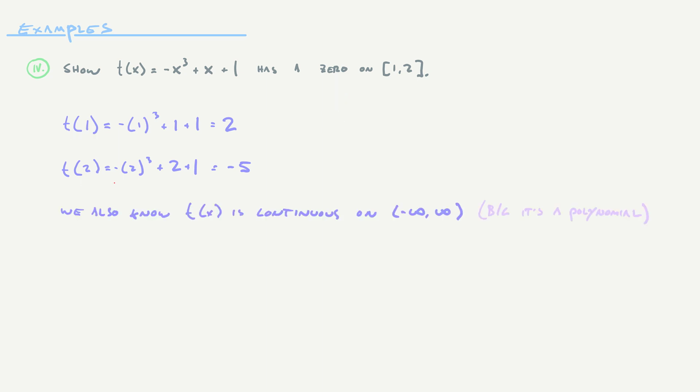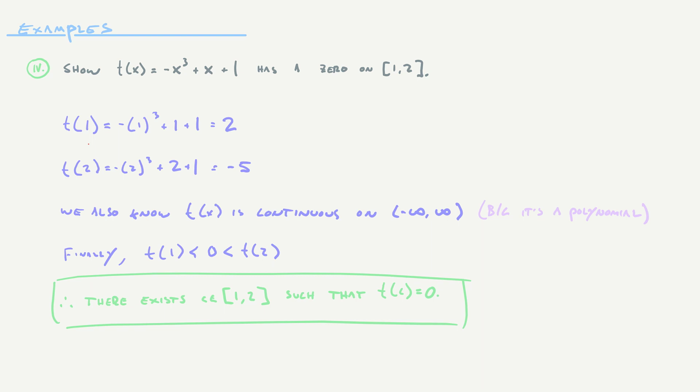We also know that t of x is continuous on negative infinity to infinity. It's a polynomial. Now, I didn't need to write this. I could have just said this, because that's the only interval that we care about here. But it is continuous on negative infinity to infinity. And so finally, notice that 0, the value that we want to get, is indeed between 2 and negative 5. It's between t of 1 and t of 2.